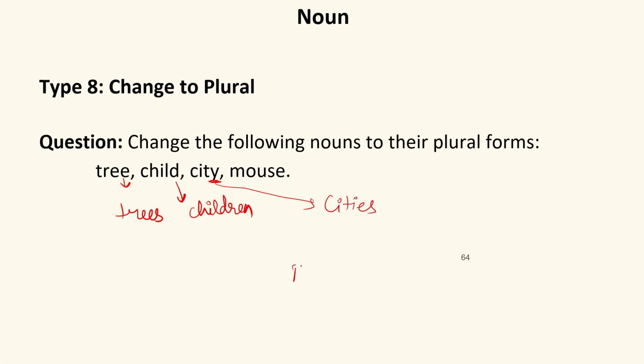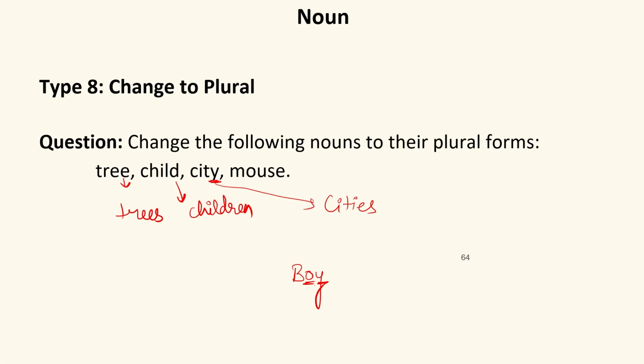Now if we have a word like boy, it means the word ends with Y, and immediately preceding it we have a vowel. Vowel means A-E-I-O-U. Now if a word ends with Y, we replace Y with IES and the word converts into plural form.